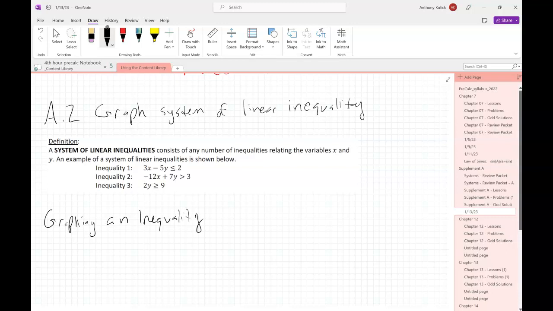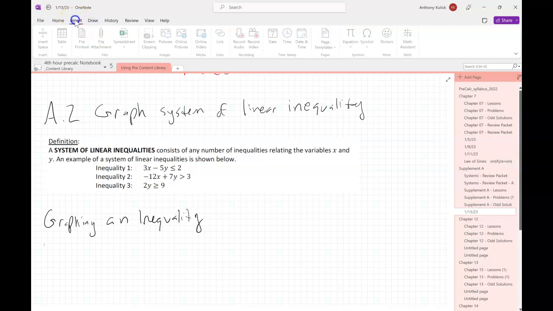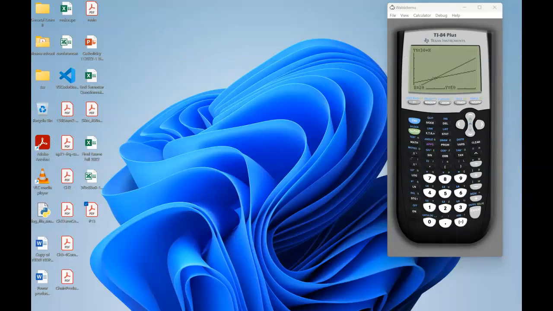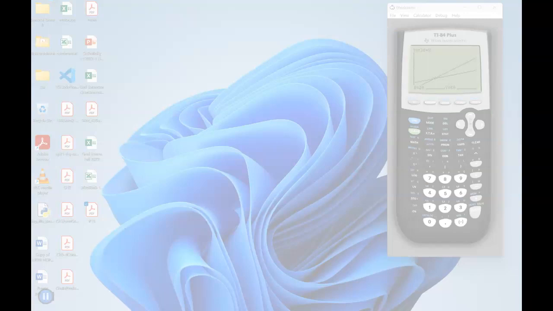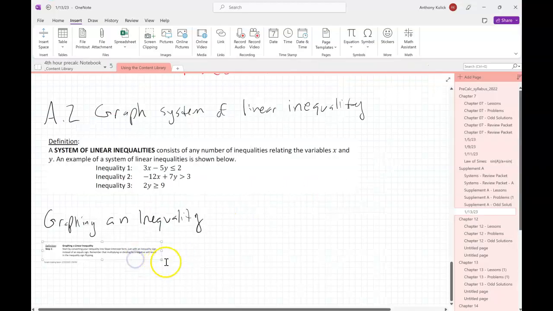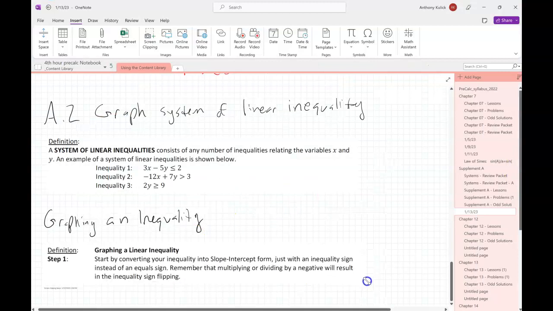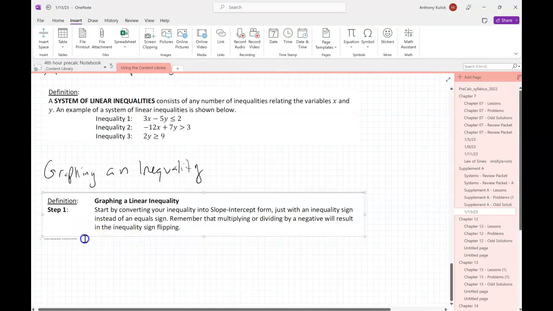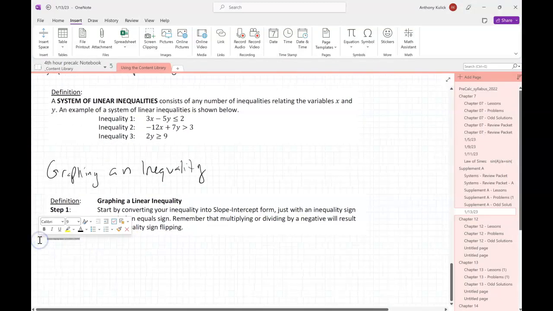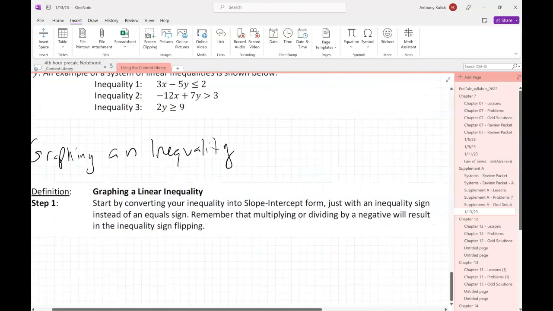So let's just recap here how we graph an inequality, because it's been a little while since we've graphed one of these linear inequalities. So the first step is you need to convert your inequality so that it's written in slope-intercept form.